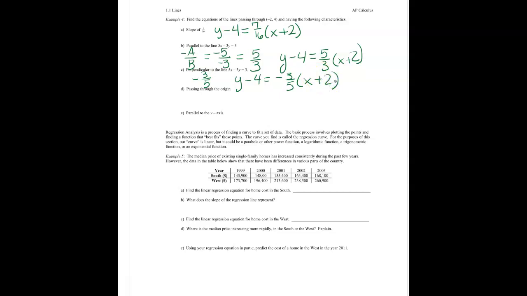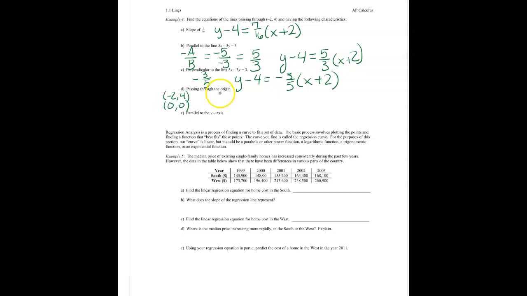Alright, the next one says, hey, I need to pass through the origin. It didn't give me my particular slope, so we've got to find it. We've got 2 points. So that goes back to the beginning, that change in y over change in x, y sub 2 minus y sub 1 all over x sub 2 minus x sub 1. So this time I've got my 2 points, which are negative 2, 4, and 0, 0 as my other point, because the origin always refers to 0, 0.